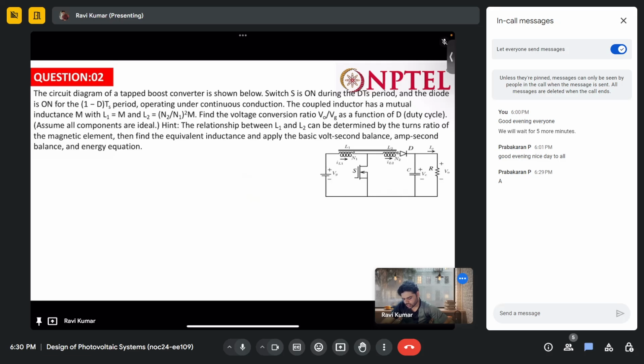which says the circuit diagram of a tapped boost converter is shown here. Switch S is on during the DTs period. It is the time period which is given, DTs. Then the diode is on for the 1 minus D Ts period.